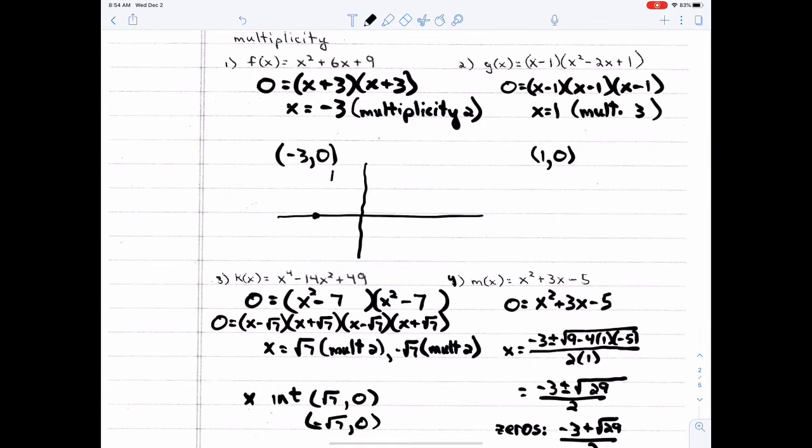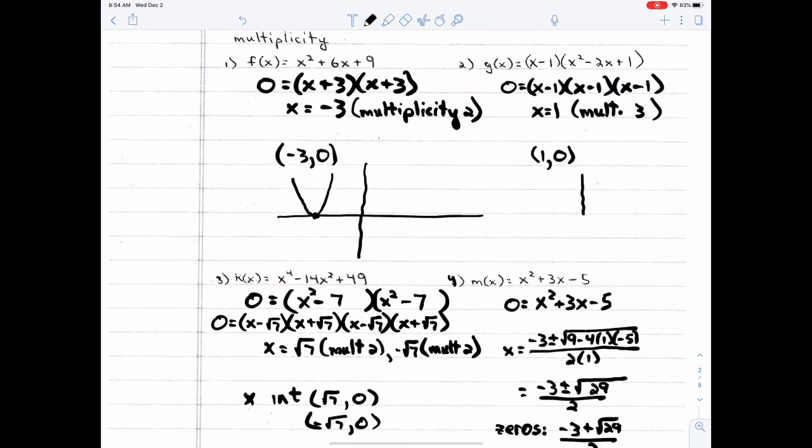The graph comes down and just touches it. So when I say it's an x-intercept, I don't mean it crosses, okay? What I mean is it touches the x-axis. So if it's multiplicity 2, multiplicity 4, multiplicity 6, it's going to come down and just touch the graph, okay?